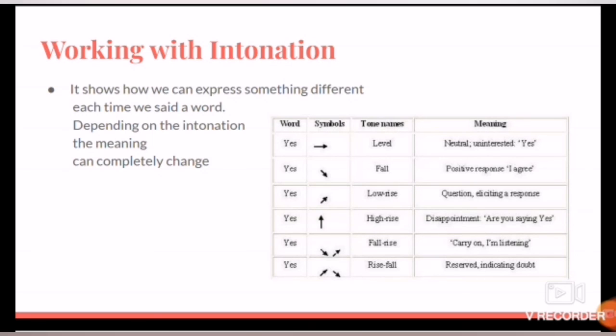The first one, the arrow is going from left to right, and the meaning is something neutral. It's like you're not exactly interested in what they're saying. So if we pay attention, we can know what the people are saying with those little words.